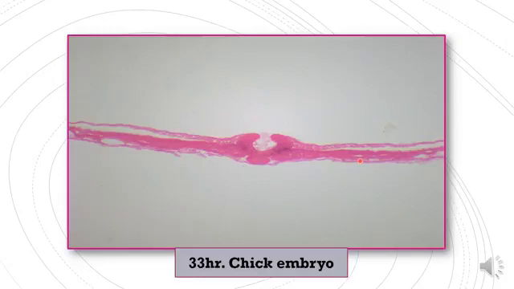This cavity, the intraembryonic cavity, divides the lateral plate of the mesoderm into 2 layers. This is the parietal layer adjacent to the ectoderm, while the layer adjacent to the endoderm is called the visceral layer of the mesoderm.